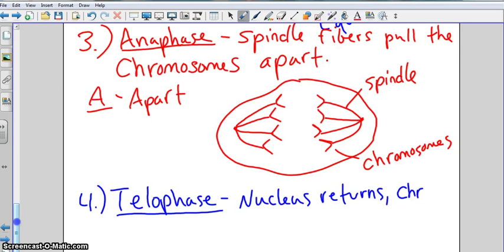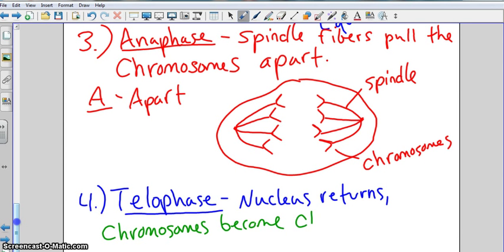The chromosomes are going to go back to what? Staying together. To chromatin. Chromosomes become chromatin. And the whole cell starts to divide.